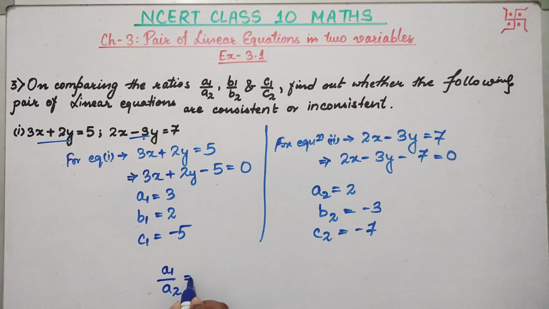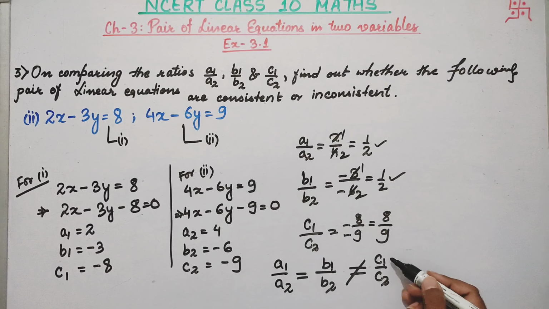So here we can see that a1 by a2 is equals to b1 by b2 but it is not equals to c1 by c2. a1 by a2, b1 by b2 both are half and half. c1 by c2 is 8 by 9.